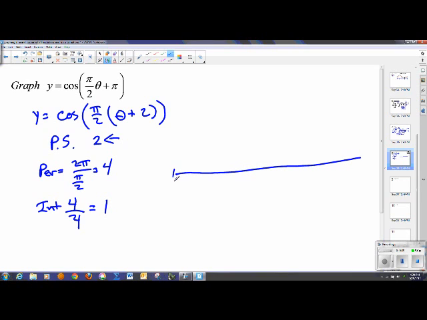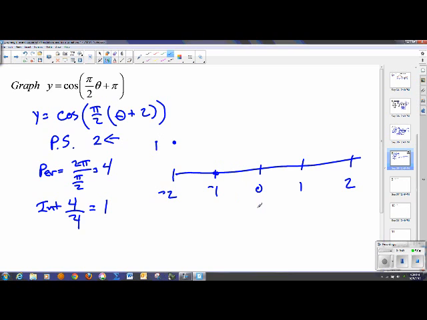I'm moving 2 to the left, so I'm going to start at negative 2. And I have a period of 4 in intervals of 1, so negative 1, 0, 1, and 2, and my whole cosine graph will appear over this period of time. I'll graph cosine, which means my initial value is 1.